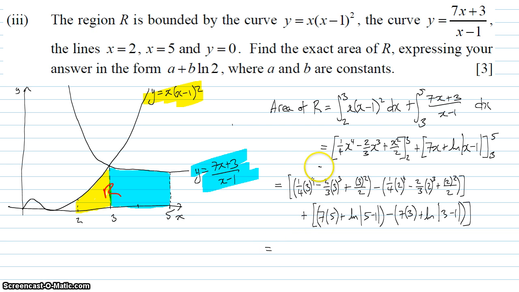So what does that give us? 3 to the power of 4 is 81, so this is 81 over 4. Then minus 2/3 times 3 cubed, which is 2/3 times 27, which is 2 times 9, so this is 18. Plus 3 squared over 2 is 9 over 2.